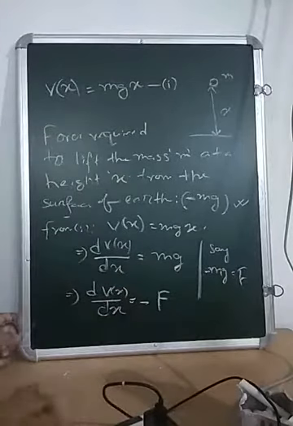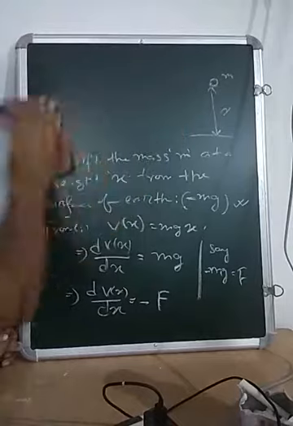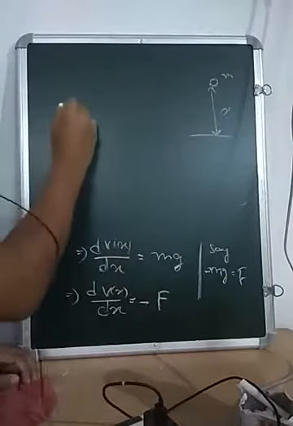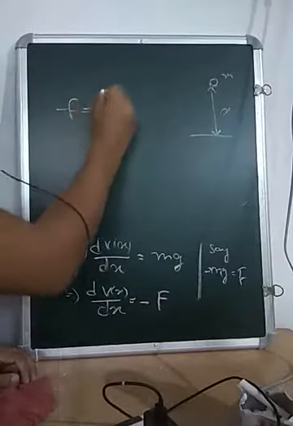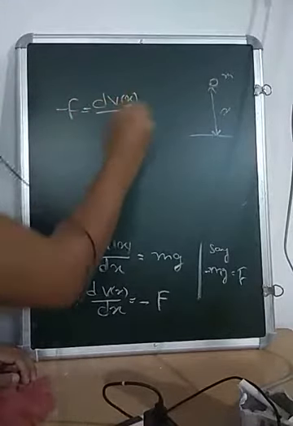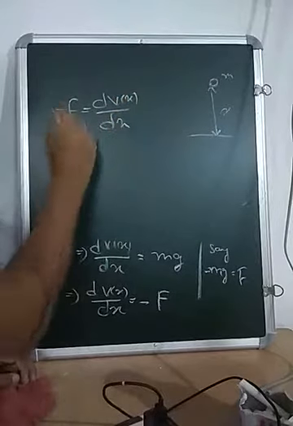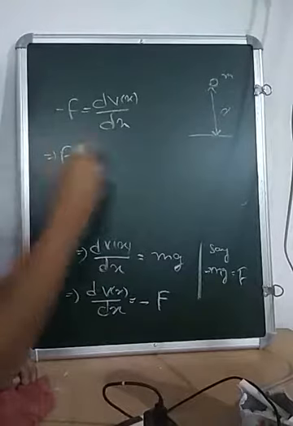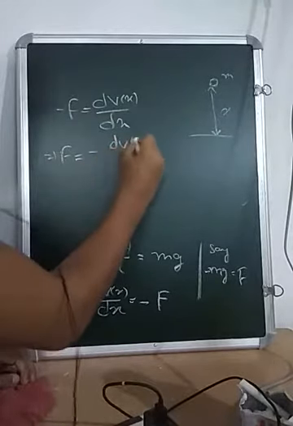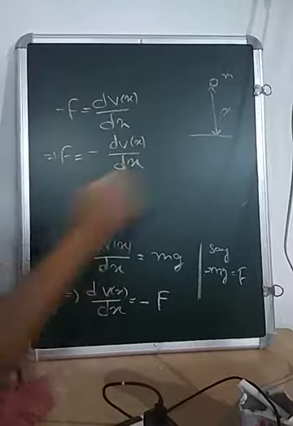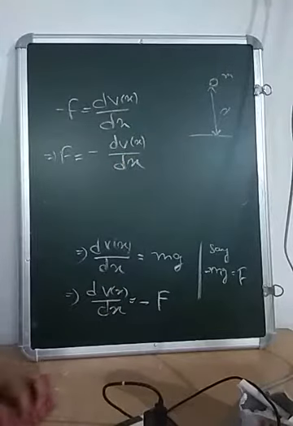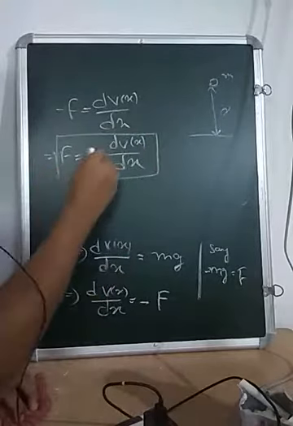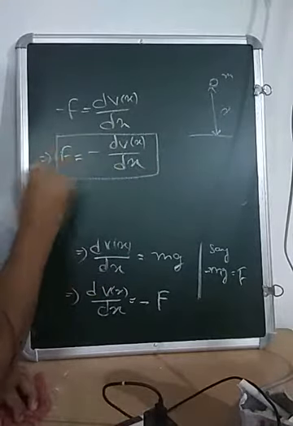So what we get finally is minus F is equal to dV(x)/dx, or the force that is required to lift the object at a height h, F, is equal to minus dV(x)/dx. So this negative sign indicates that we are doing work against gravity.